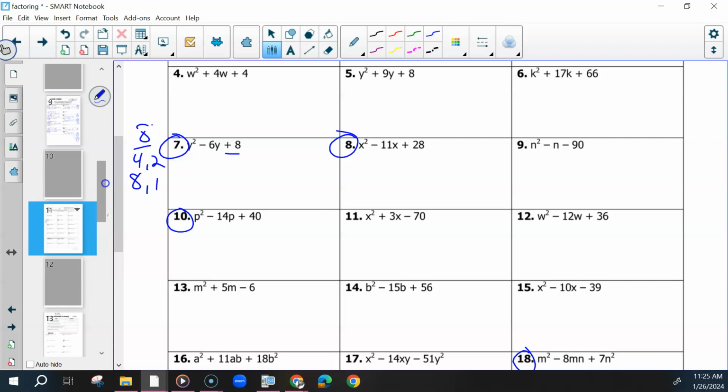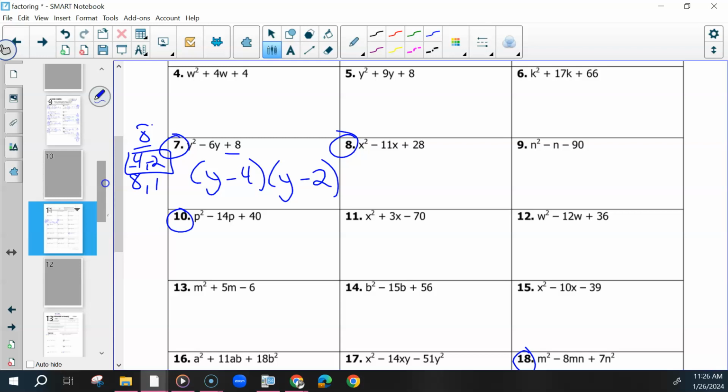Which of these, if we made them either both positive or both negative, would give us negative 6? 4 and 2. We make them both negative. Y minus 4 and y minus 2. If I multiplied these two, it would give me a positive 8. And if I added these two, I'd get negative 6.